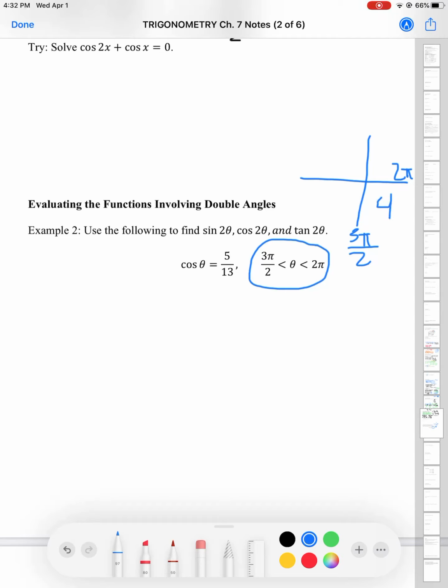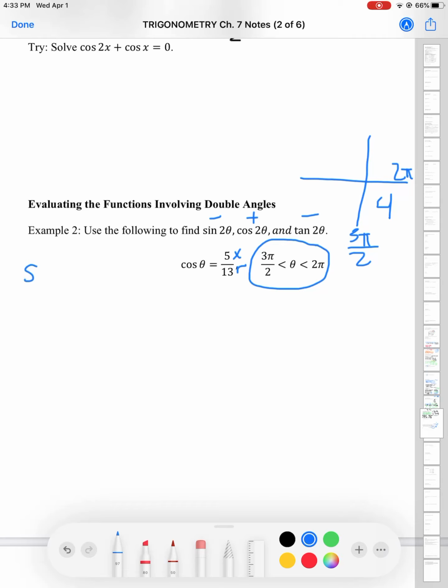If we're in quadrant 4, then sine is negative, cosine is positive, and tangent is negative. So remember, cosine is x over r, sine is y over r, and tangent is y over x.